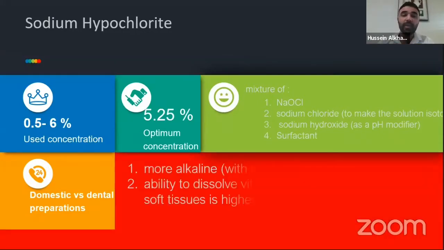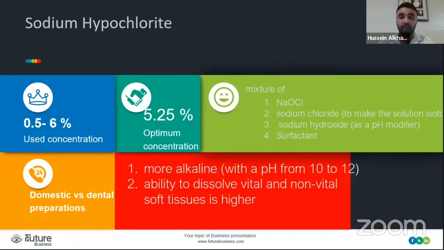These dental preparations possess more alkalinity, as their pH ranges between 10 and 12. Besides that, their ability to dissolve vital and non-vital soft tissue is higher than domestic preparations. So, in our practice, we should use specially prepared dental preparations to achieve more effect.